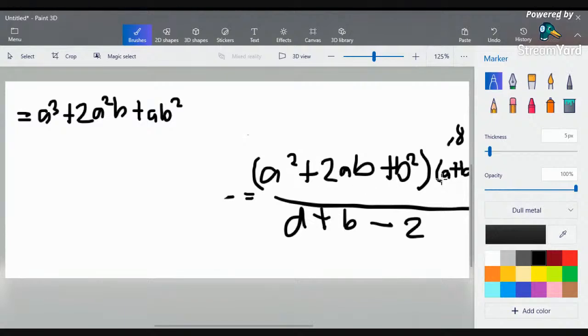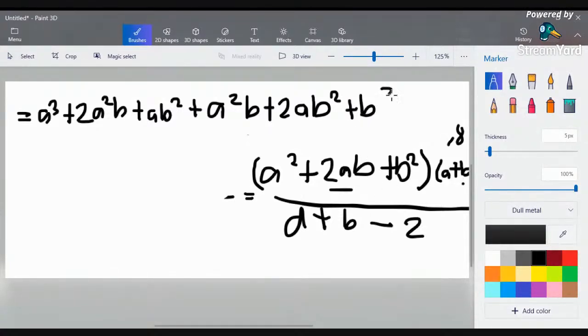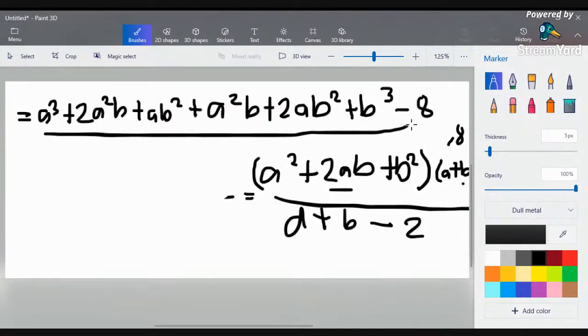Then, a squared times b is equal to a squared b. 2ab times b is equal to 2ab squared. Okay, 2ab times b. And b squared times b, that becomes b cubed. Then copy your minus 8 at the end. All over a plus b minus 2.